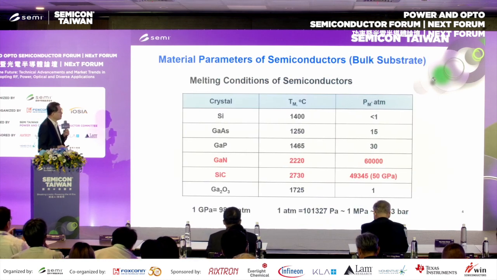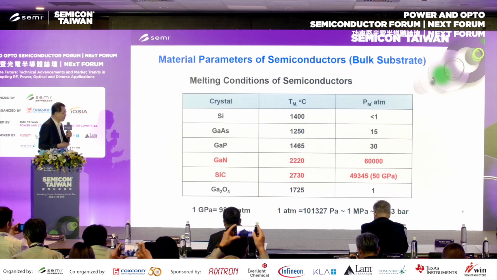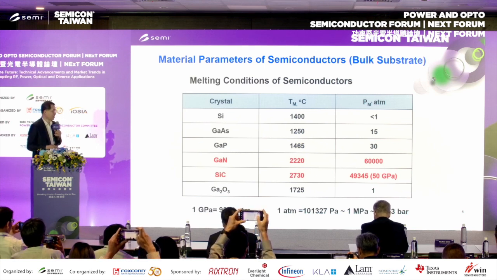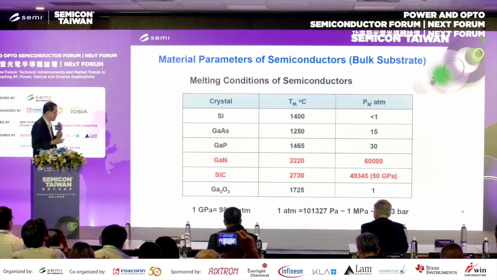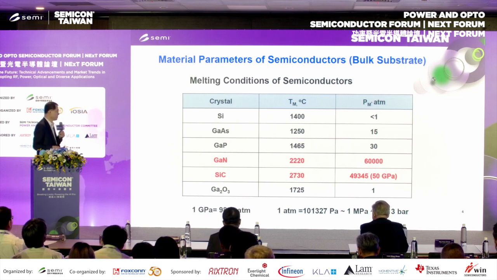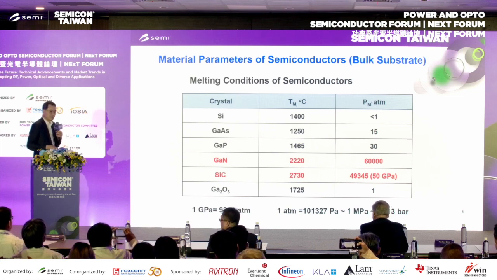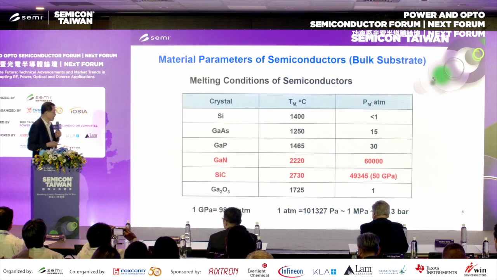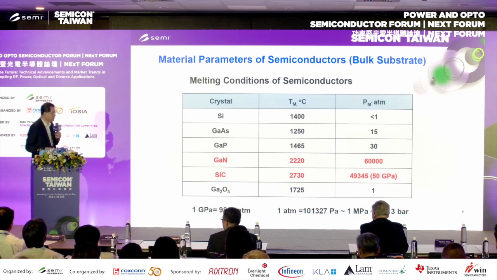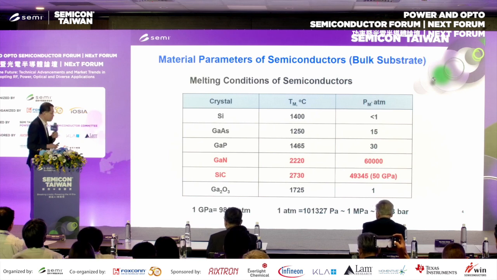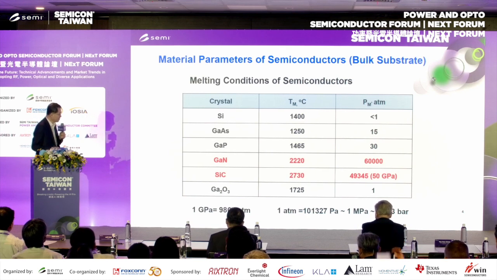One important thing is the melting point for bulk substrates; different semiconductors have different melting points. Gallium nitride is over 2000, and silicon carbide is about 2070, 30.